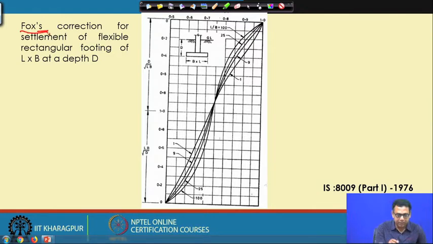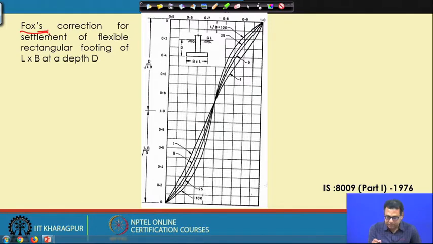This is for a flexible rectangular footing of L by B at a depth of D. As mentioned, we are using all flexible foundation correction factors, but ultimately for the rigid foundation you have to apply the 0.8. For the rigid foundation, we also use this chart for depth correction. In this chart there is a term D, which is actually Df, the depth of the foundation.